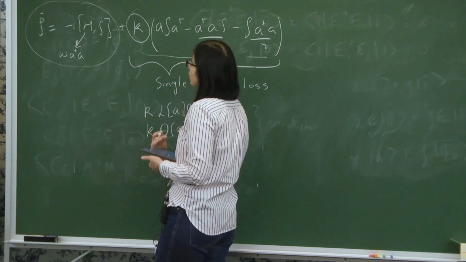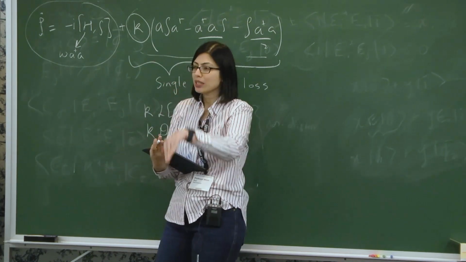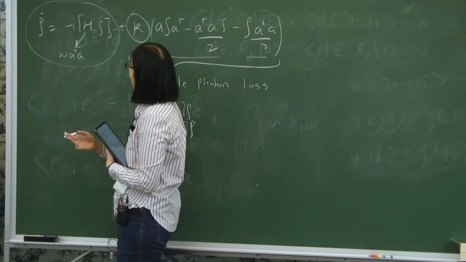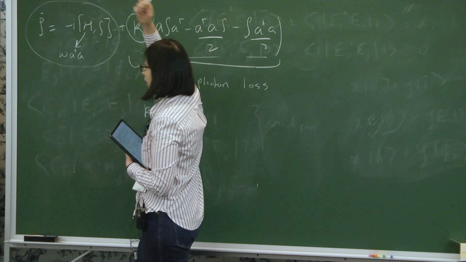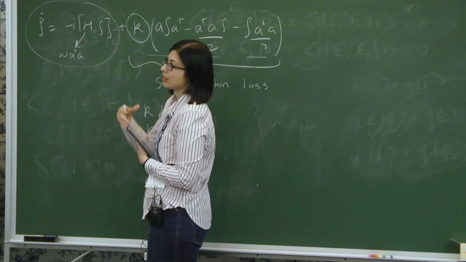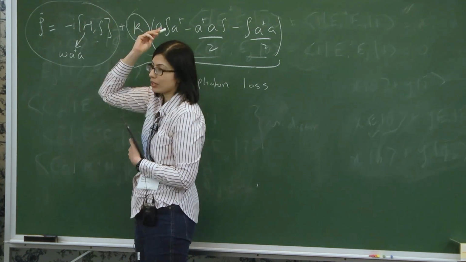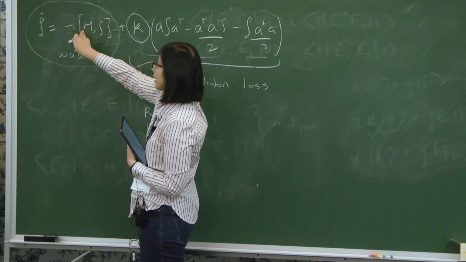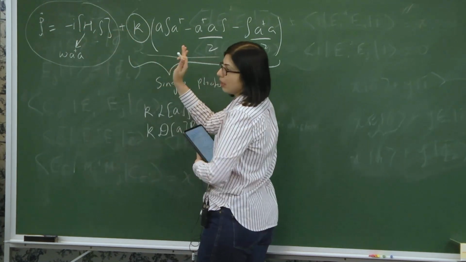Again, I'm going to jump over some details, but unfortunately I have to. I can't do everything. So what you can do is work in the interaction picture of this Hamiltonian. You must have done the interaction picture in your quantum mechanics class. You basically factor out this free evolution and just look at what's happening because of the other term.